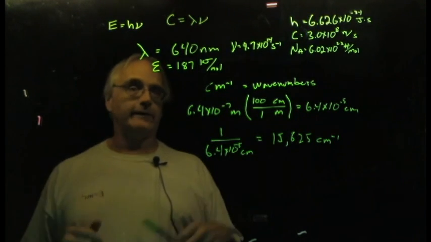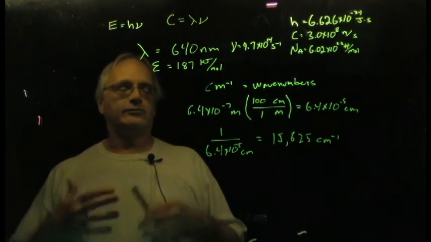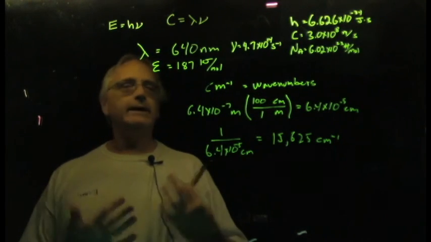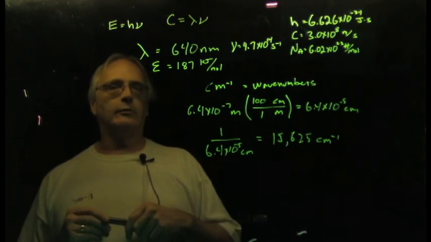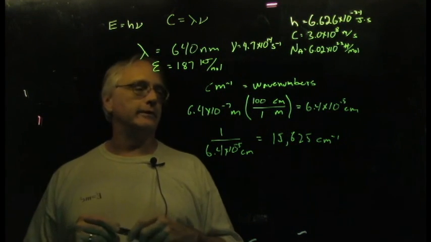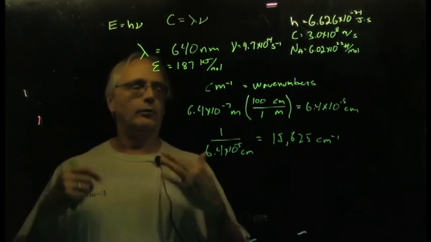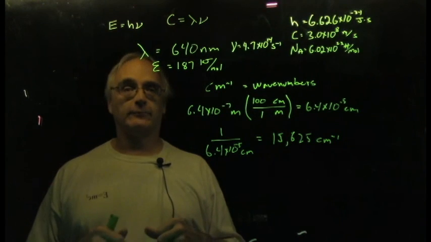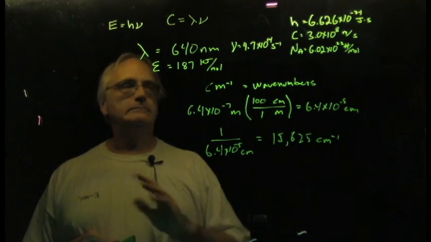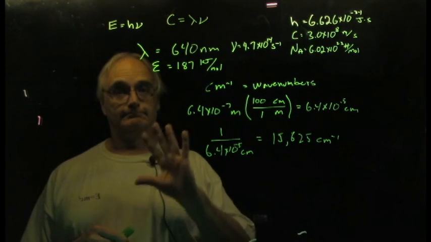Indeed, we are outside the IR and now into the visible light, but like I say, any of these frequencies, energies, wavelengths can be converted one into the other from any type of spectroscopy, and it just helps to anchor us from types of spectroscopy we may be more familiar with, like infrared, and just be able to convert all these numbers from what we use in NMR spectroscopy to all the other units in all the other forms of spectroscopy. So take that into consideration, practice those a couple of times, and we'll see you later.